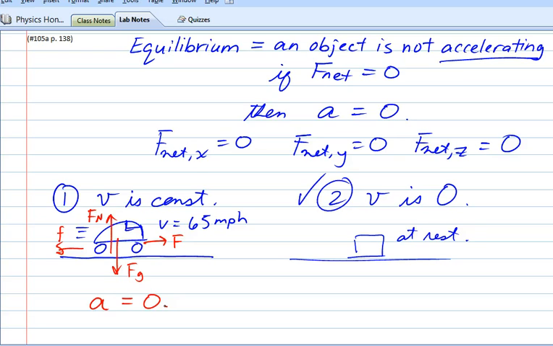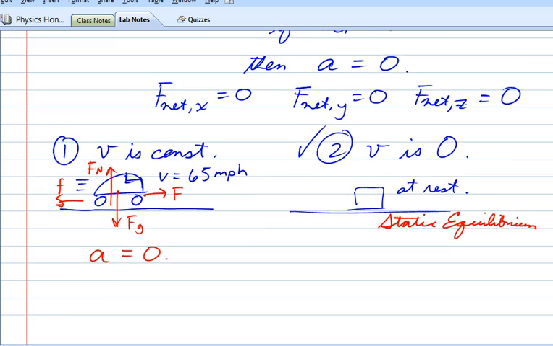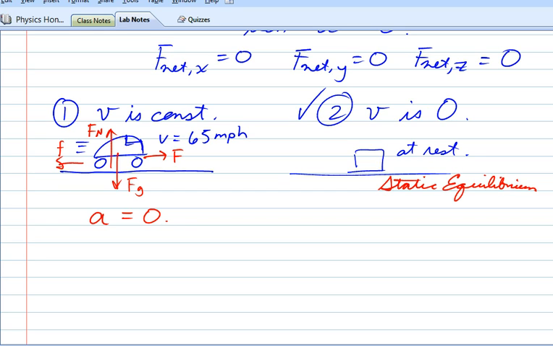So sometimes if something is not moving, we call it a static equilibrium. Okay, and we sort of did an example of this with the last one, but let's look at this on page 138, number 105.